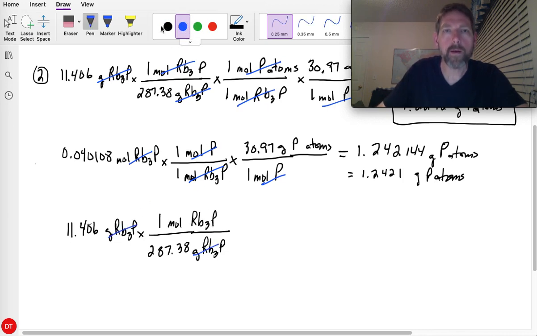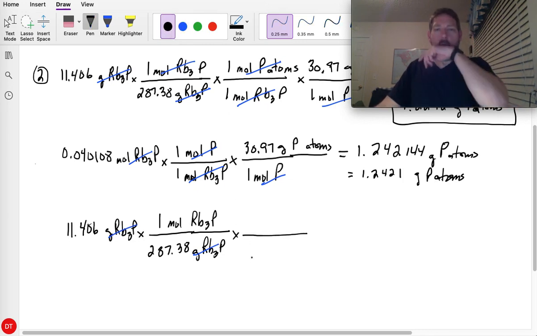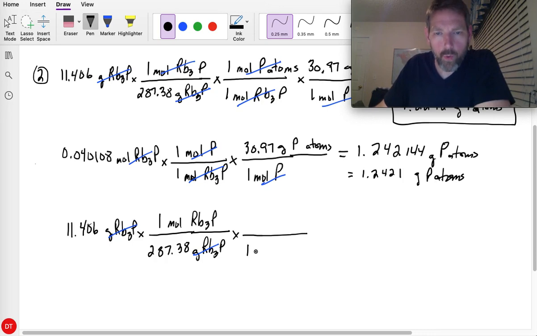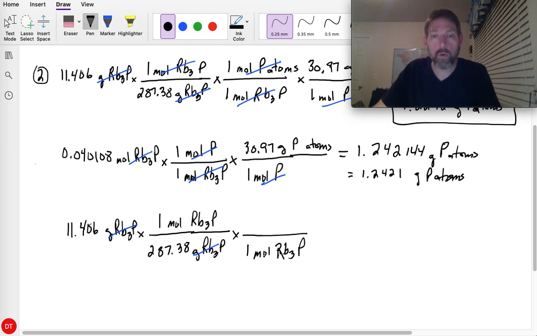Let's cancel that out. All right, so in 1 mole of this, what are we trying to figure out? We have 3 moles rubidium. Right here, you can see that. That subscript there means there's 3 moles.